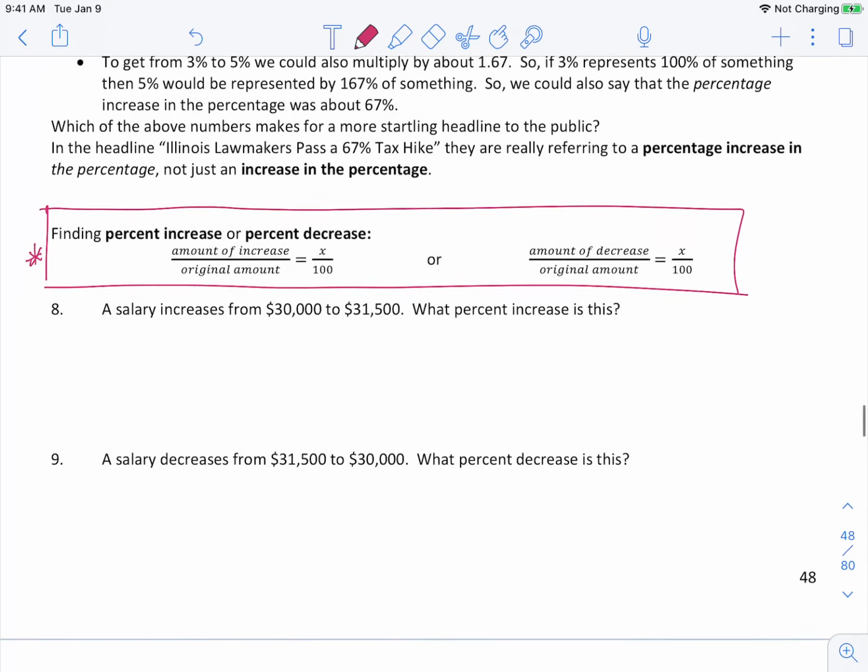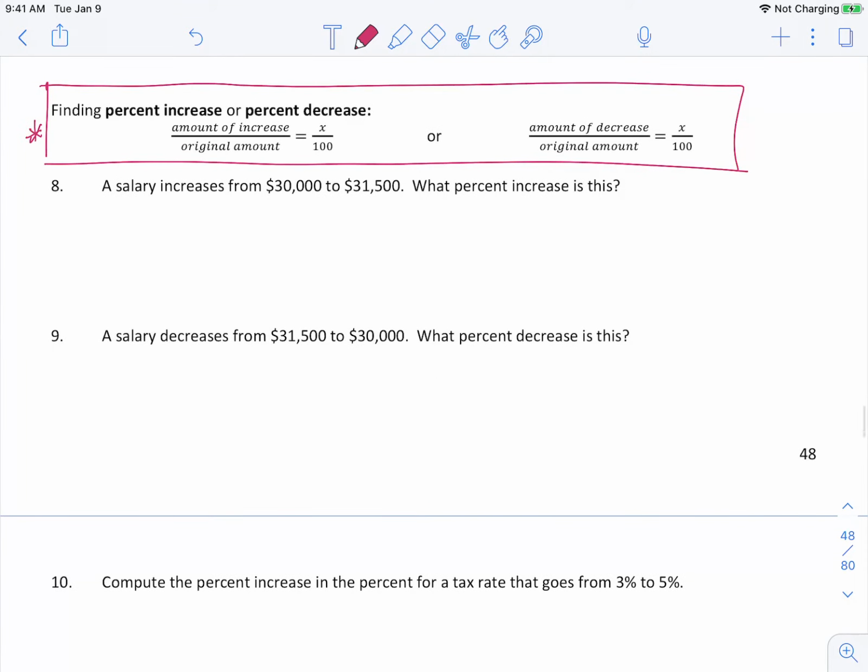So here we have a salary increases from 30,000 to 31,500. What percent increase is this? Again, our amount of increase, we do 31,500 minus 30,000, which gives us $1,500 increase.